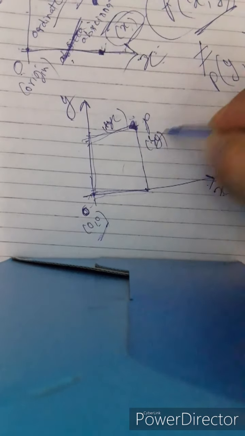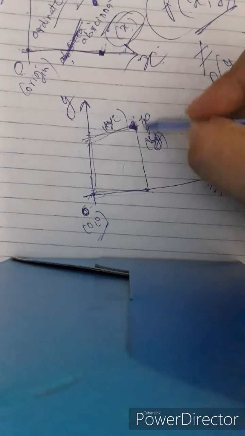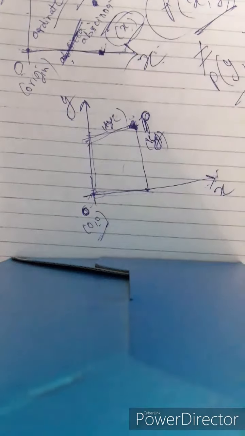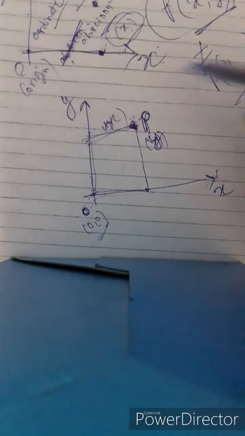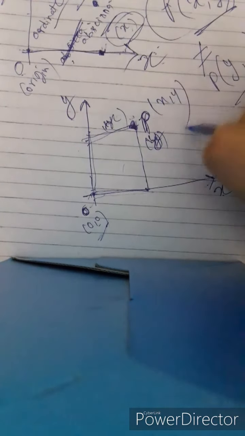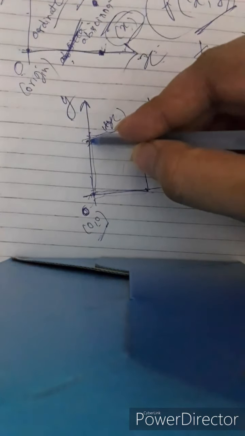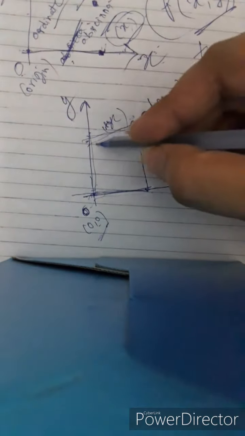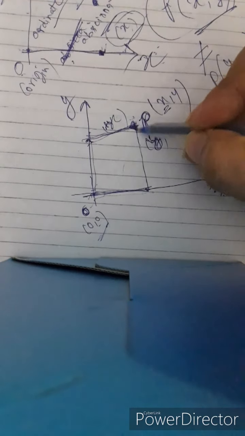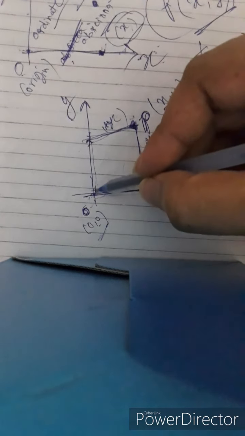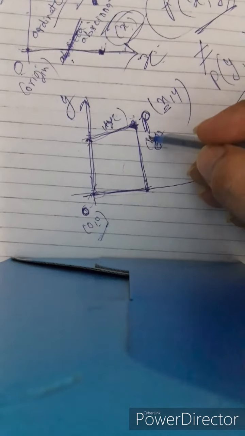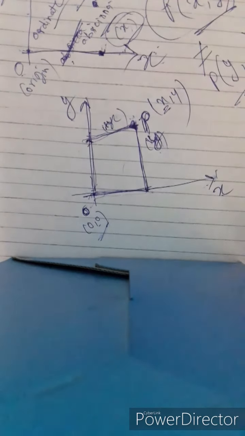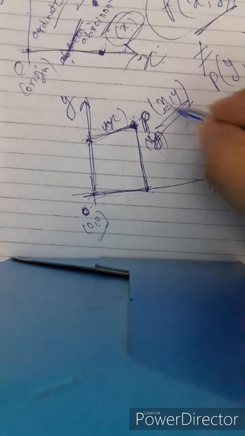So this becomes y. For the point P, the coordinates become x, y. This x we are measuring with regard to the x-axis, and this distance we are measuring with regard to the y-axis. So this becomes x, this becomes y, and the point is denoted by x, y.